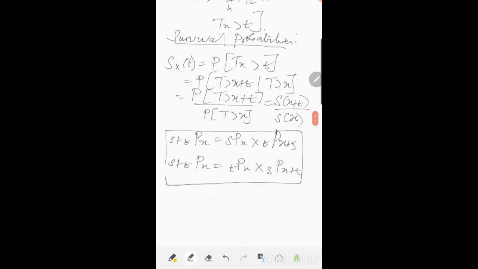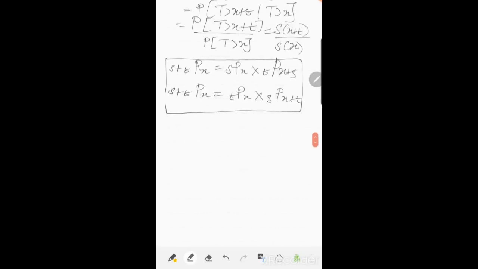We also have another important result. We need to know these and how to apply them in certain questions. For the survival probability, we have f of x t, which is the same as tpx times mu x plus t.